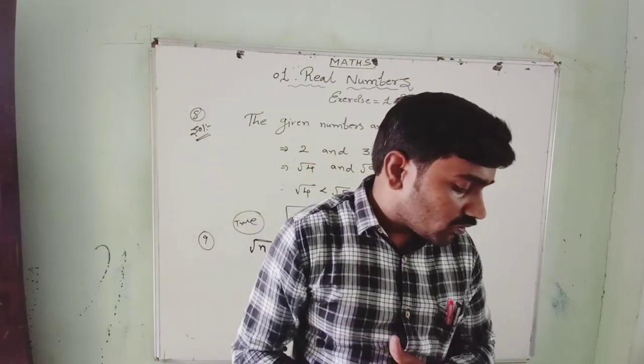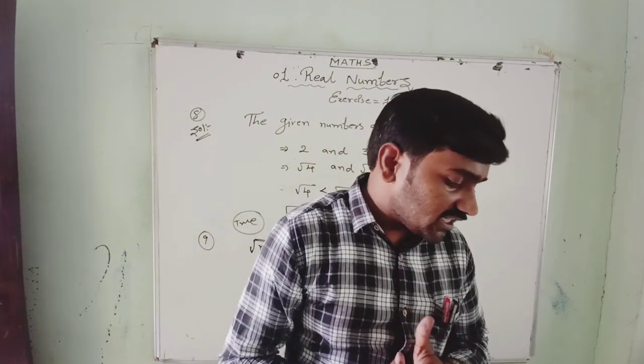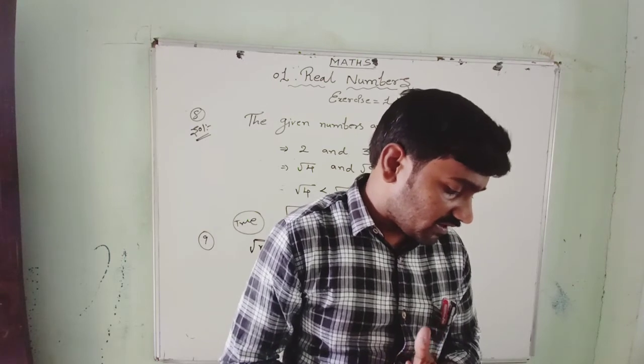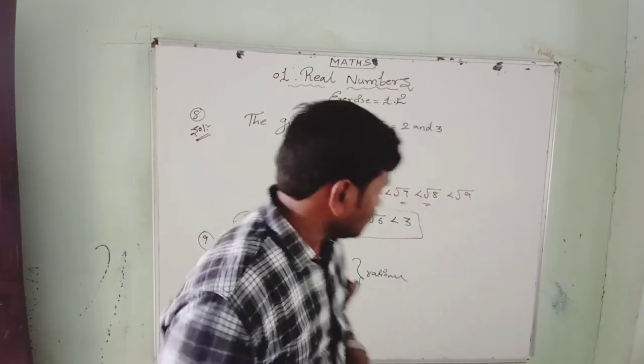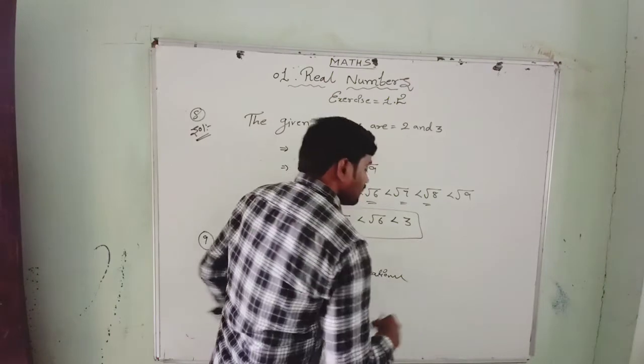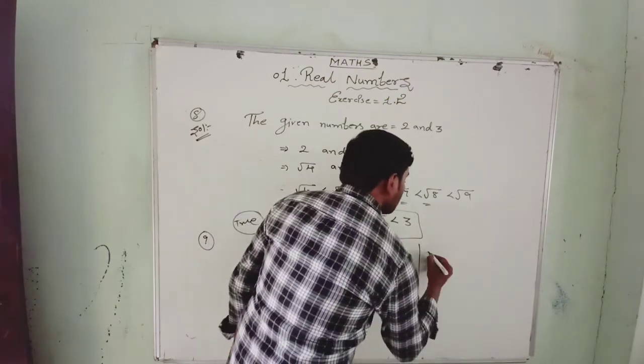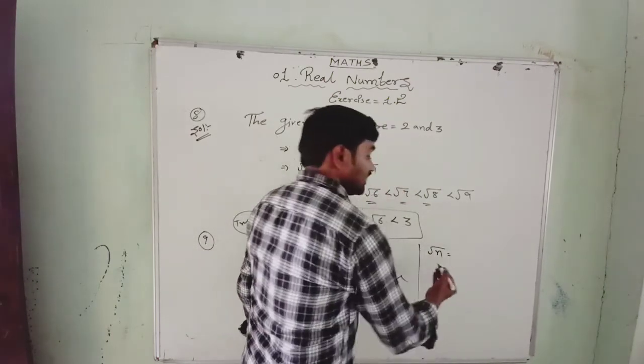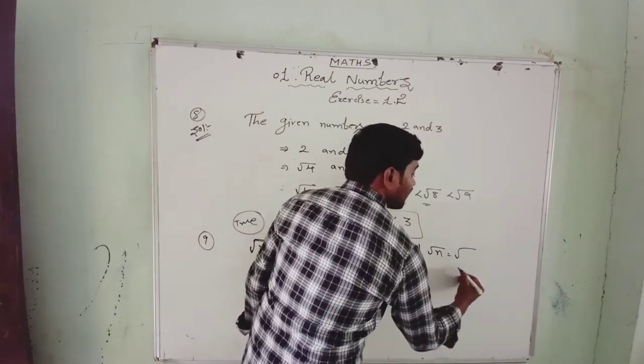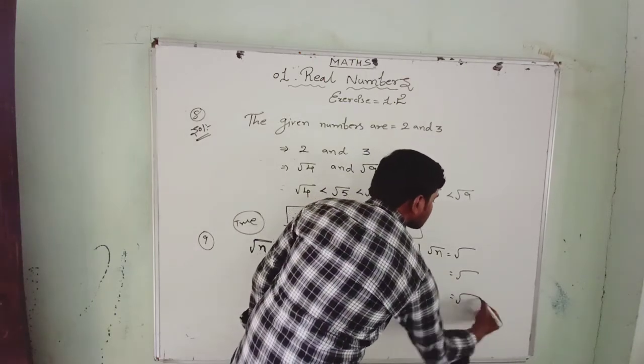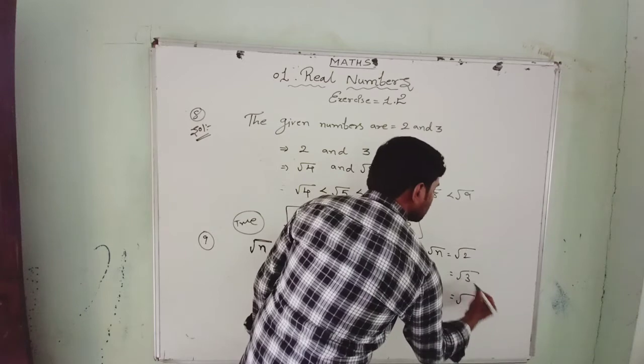Then the fifth one: root n is irrational when n is not a perfect square. Yes, it is also a true statement. Root n is an irrational number when n is not a perfect square number. Take not perfect square numbers like root 2, root 3, root 5.